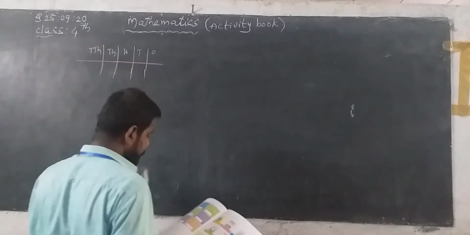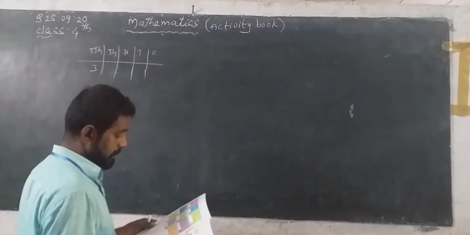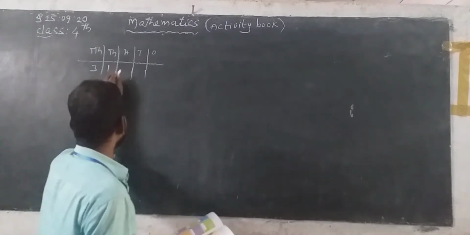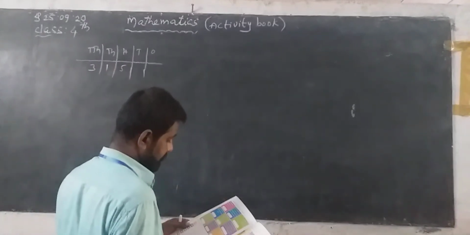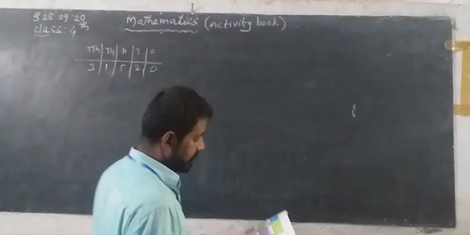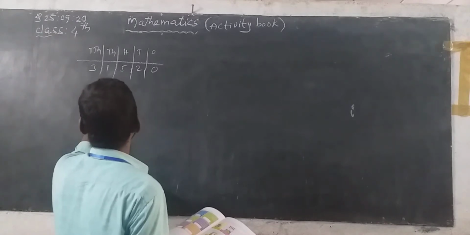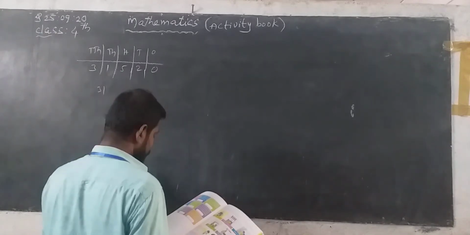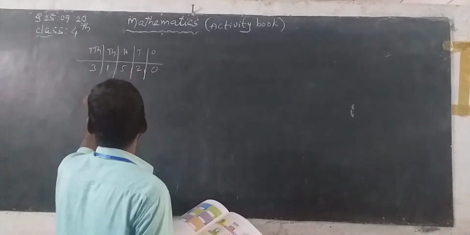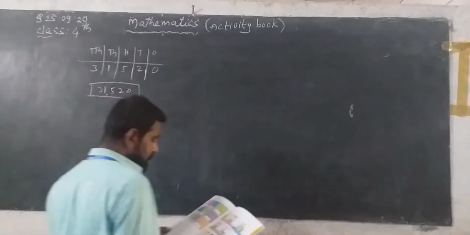Listen carefully. 3 in 10,000's place, 1 in thousands place, 5 in hundreds place, 2 in tens place, 0 in ones place. The given number is 31,520.